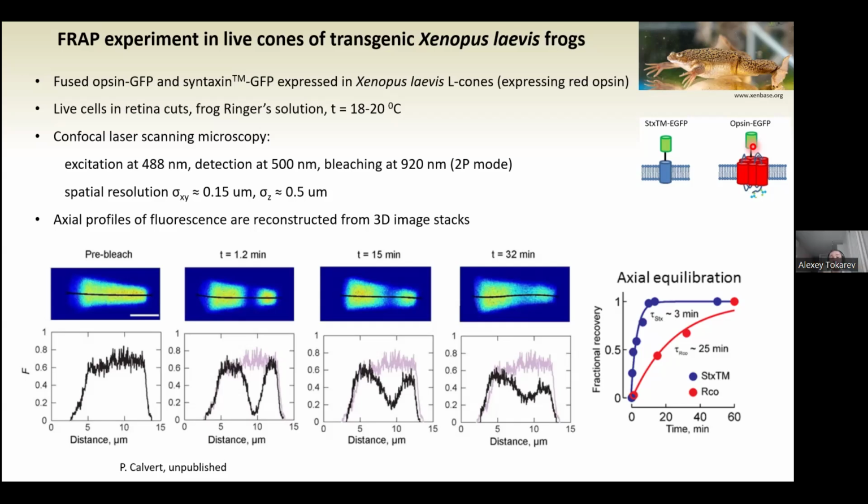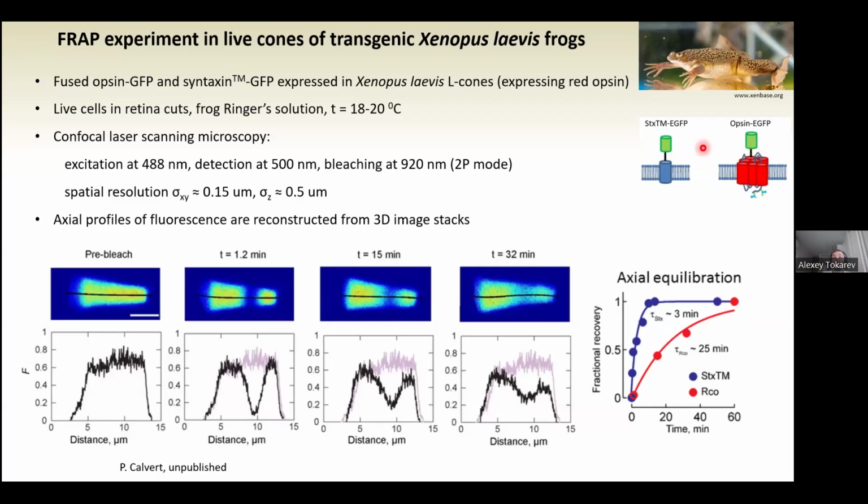The purpose is to understand the fundamental rules of transport, the mechanisms of transport. Of course we do not want to change some physiology. This is a model creature, frog, with model rhodopsin labeled with GFP.